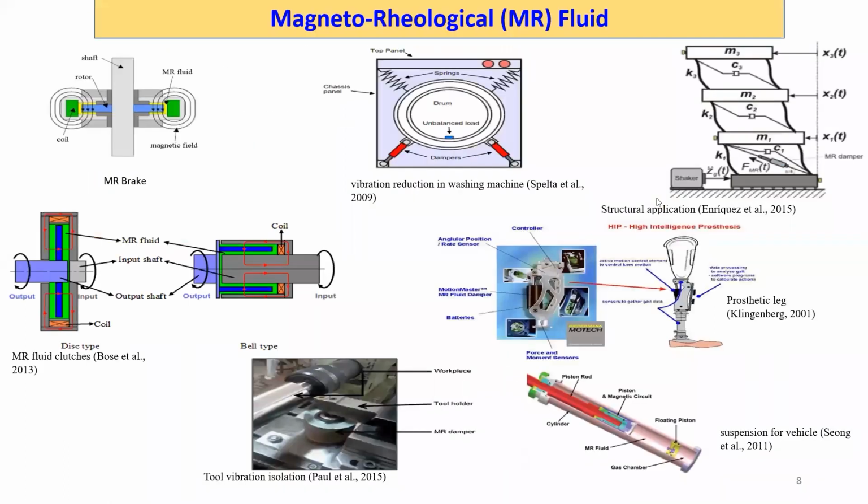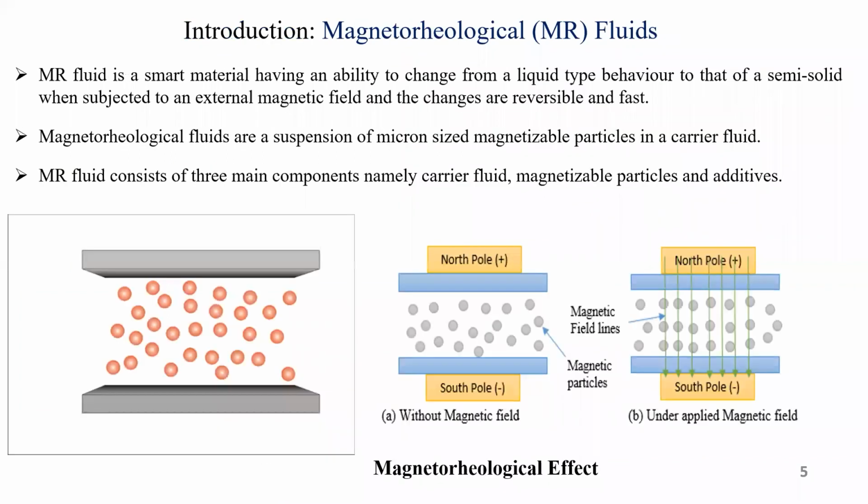Many of you may be knowing it. It is a basic principle only. Like I have the rotating member here, one member, and I have a fluid here. If I don't apply the magnetic field, it will be something like this. And if I apply the magnetic field, these iron particles will become a solid, and there will be a brake that is applied between the rotor, the wheel, and the stator.